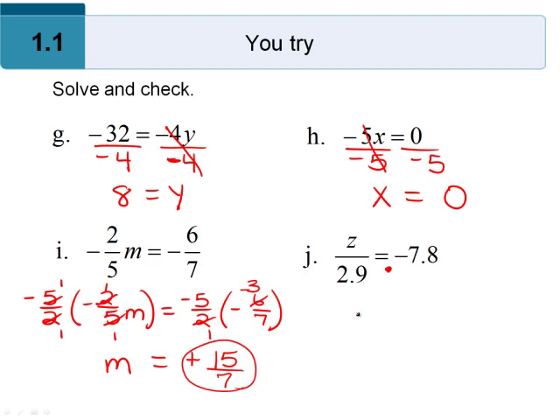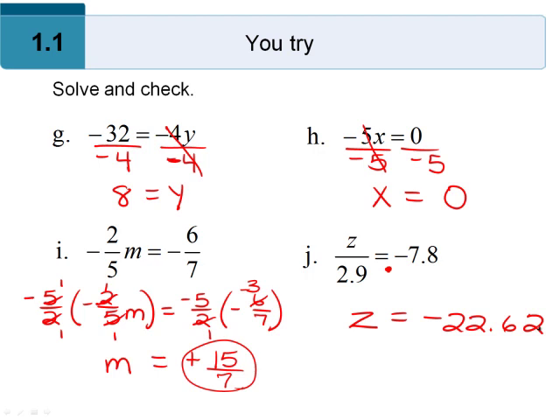A positive times a negative is always going to give you a negative. I can't get the calculator to work. Okay, negative 22.62. And that's what z would equal.